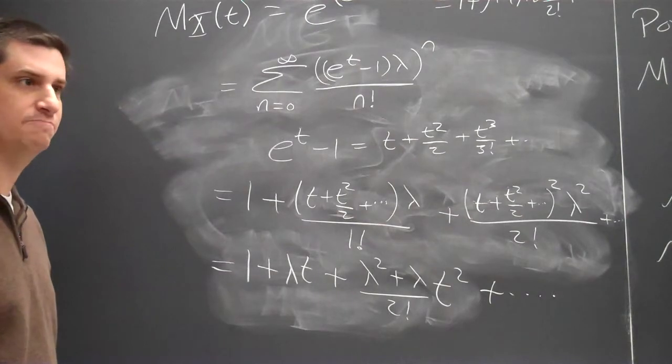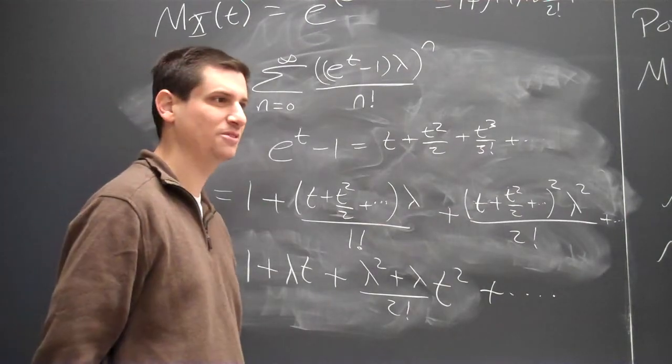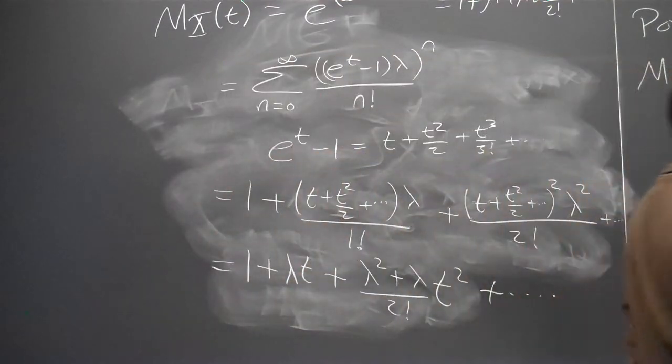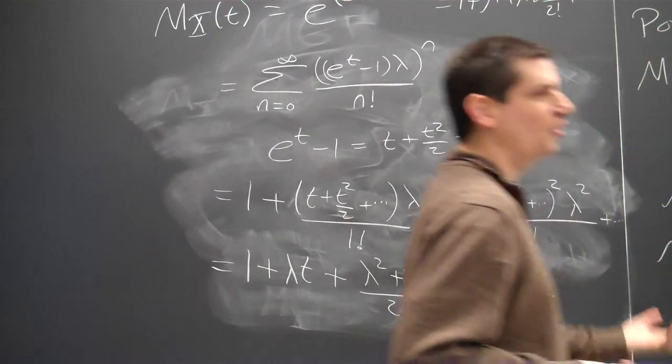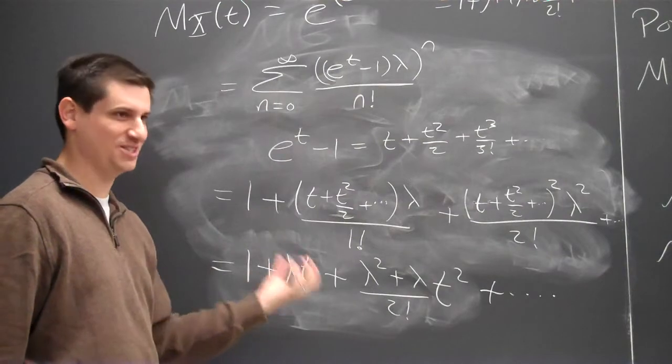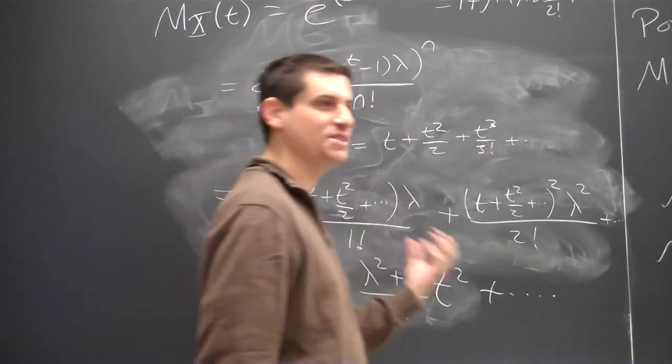How many people here are physics people? I don't think there's any. What kind of differential equations do you look at? What order? Second. Yeah, for the most part in physics, you never really have anything beyond second order, which is really nice. Fortunately, in almost everything we do in probability, we don't need to go beyond the second moment.